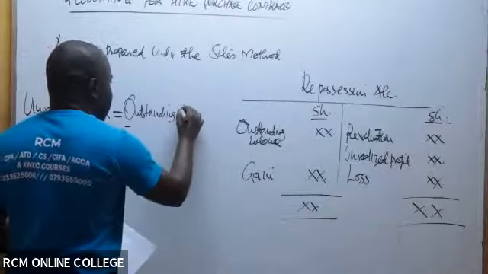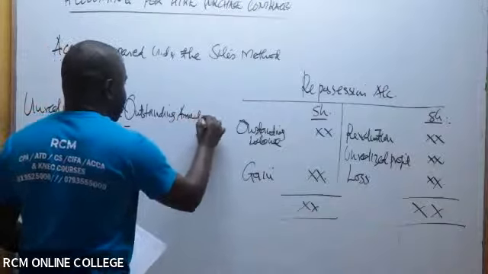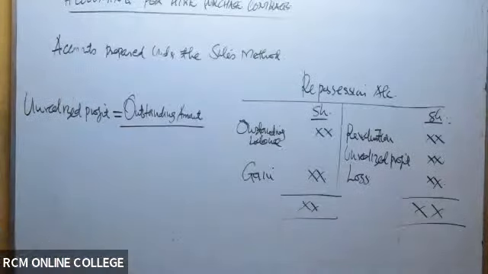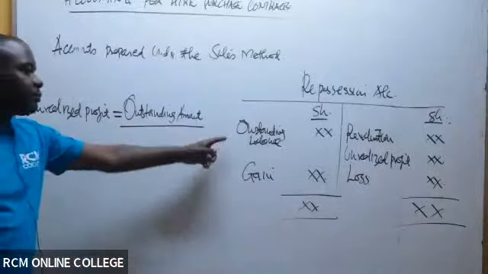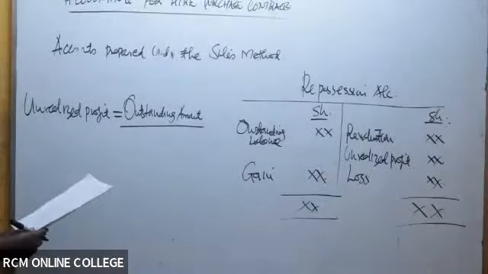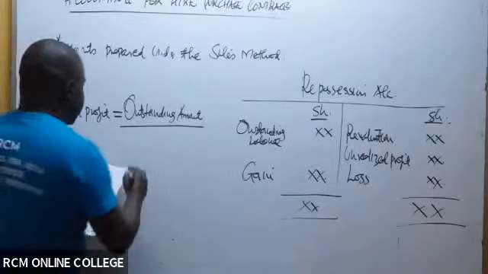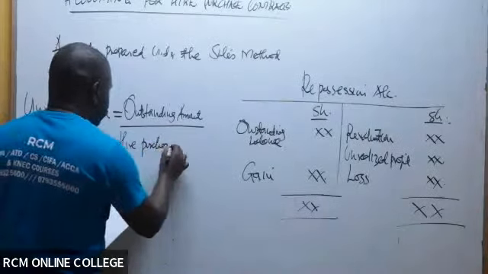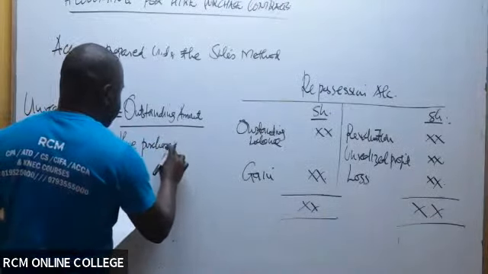So you take the outstanding amount, you divide by the hire purchase sales. The hire purchase sales was 10 million.